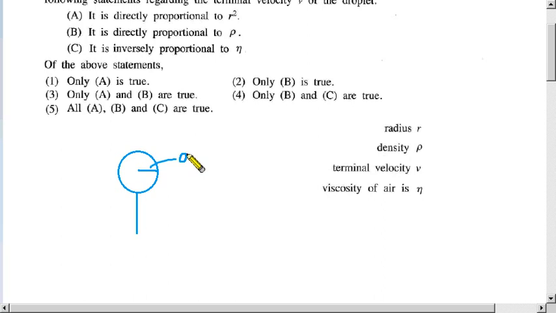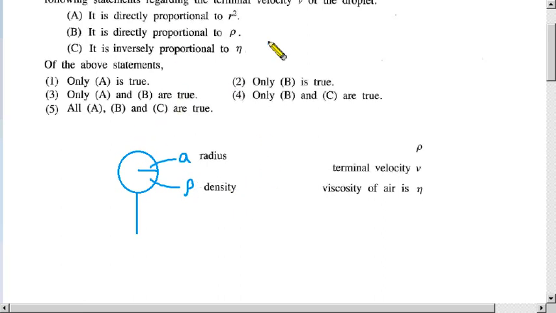The radius is a; normally we take it as a, but in this question they have taken it as r, but when we derive that equation we use the radius as symbol a. The density of this ball we take as rho, so let us write it here.